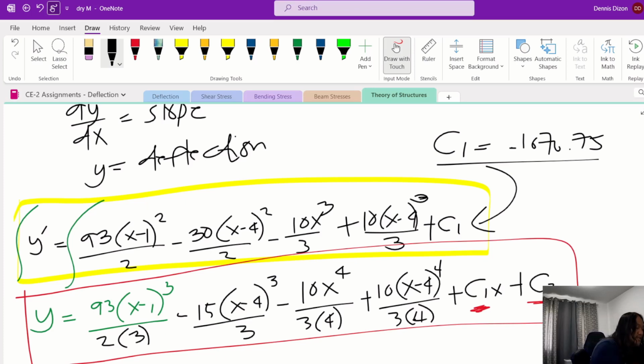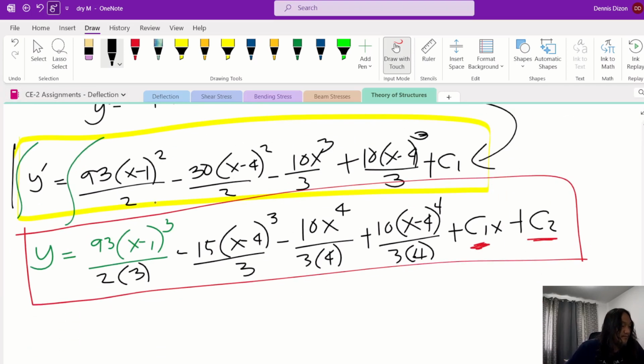So remember, this is our slope equation. At zero slope of your elastic curve, that corresponds to your maximum deflection.